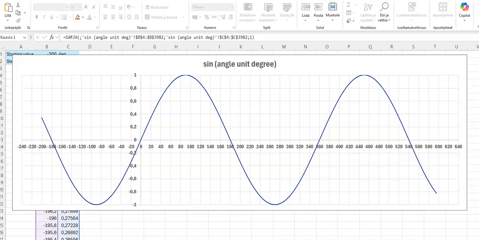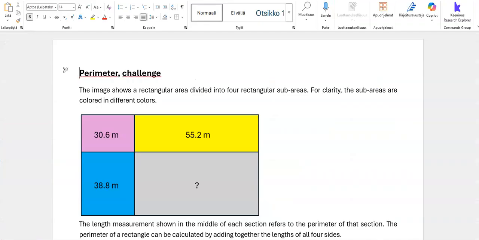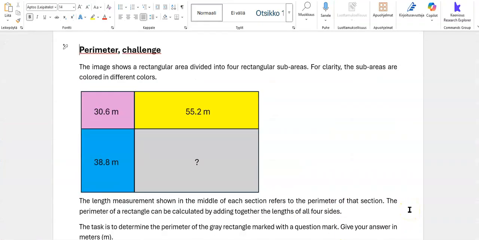But continue with those assignments, and that problem I showed you in the beginning of these lessons, which is also in the chat box there. I will use that again. This is quite a nice problem.